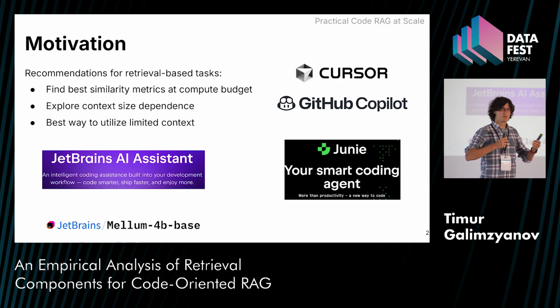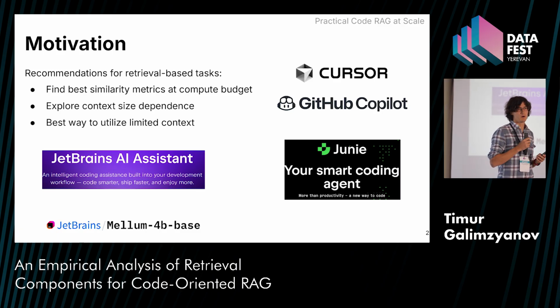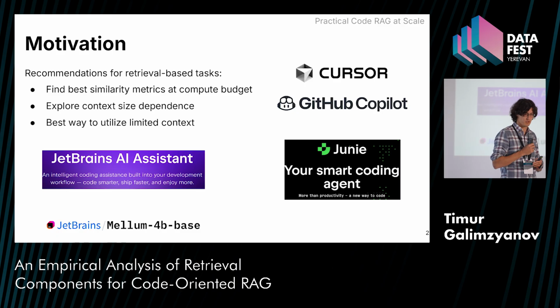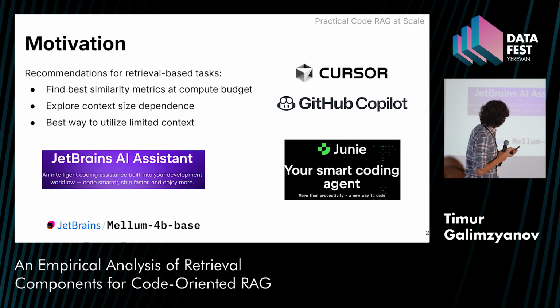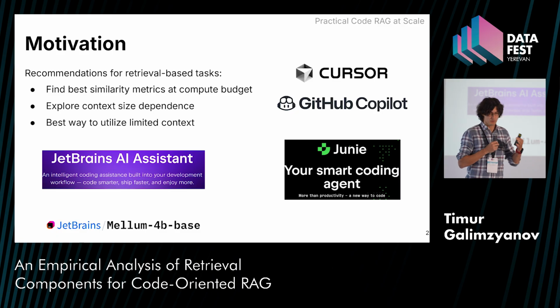When you're using all these tools, they somehow should know about the state of your repository to make much more relevant suggestions or answers to your questions. And the question is, what is the best way to provide your repository to this model?